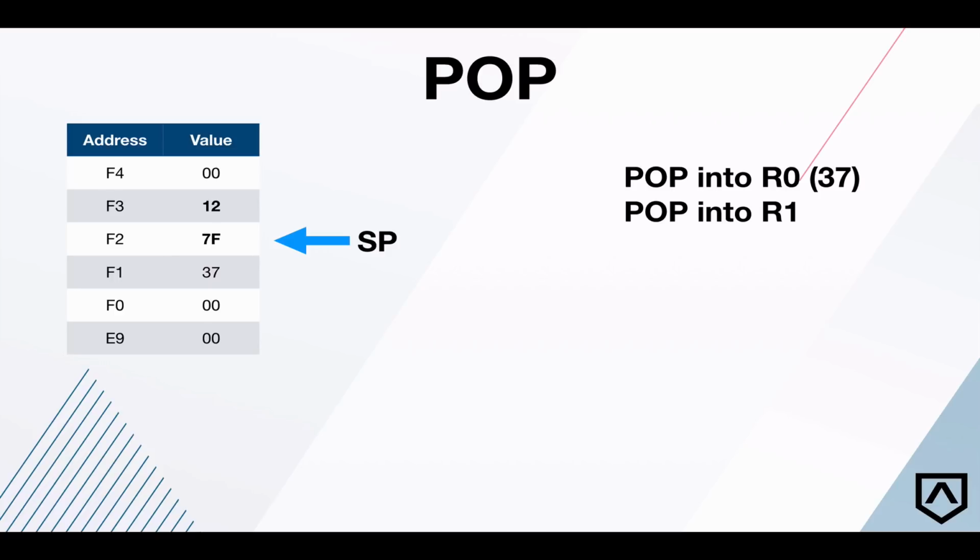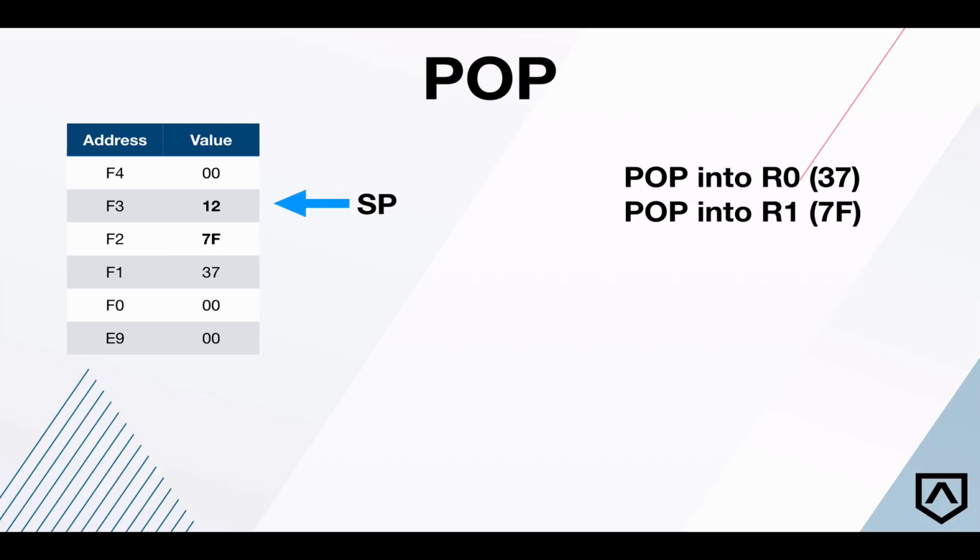Now, if we want to pop into R1, we do the exact same thing. So we take 7F at the top of the stack, we copy that into R1, and then we increment the stack pointer again. So what we have here is a case where we've left stuff over on the stack.